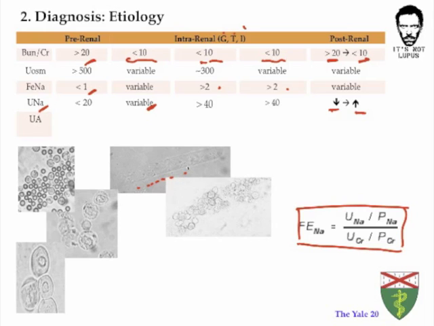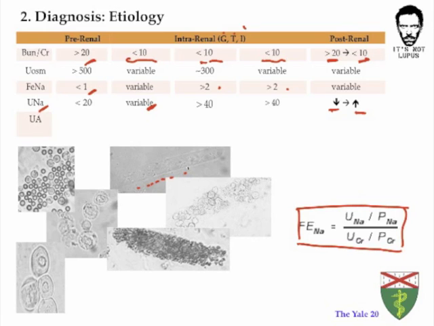For example, you can have red blood cell casts, which are rare, but they could be indicative of glomerular damage from glomerulonephritis. You can also see renal tubular epithelial casts, which are displayed here, or granular casts, which can occur from the breakdown of tubular cells and plasma proteins, which can be predictive of an acute tubular necrosis.